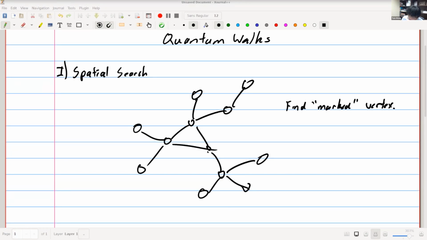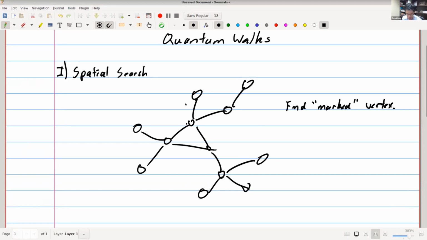Let's say we jump down here and we ask, is that the vertex we're looking for? If no, we'll jump randomly again. Now there's 4 directions. Maybe we'll jump back here. Basically we'll keep jumping around at random on this network or database or graph of vertices and edges until we end up, let's say here, and we ask, is this the marked vertex we're looking for? Yes. And now we have found our marked vertex. So this is one approach to doing this search problem.